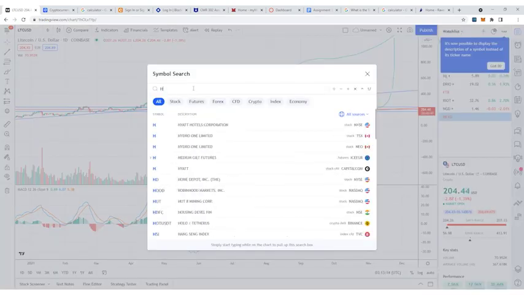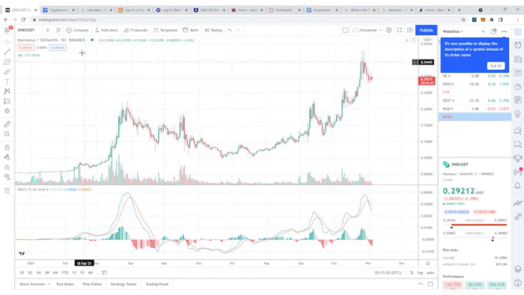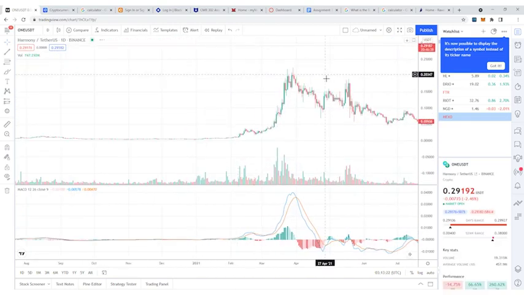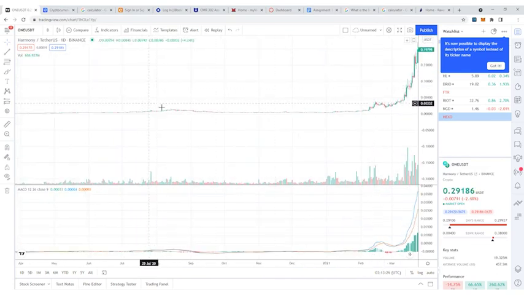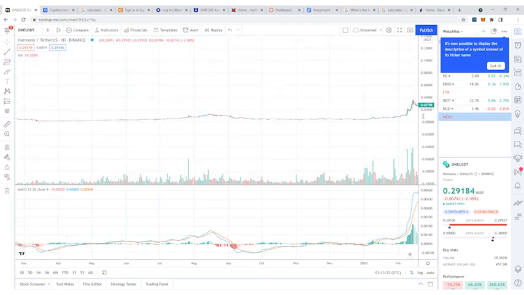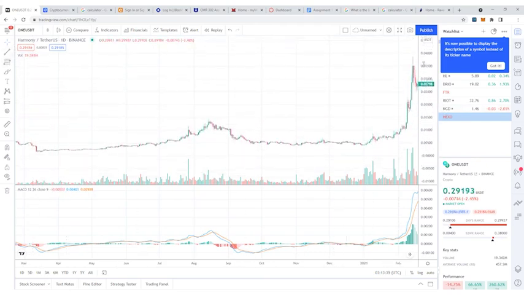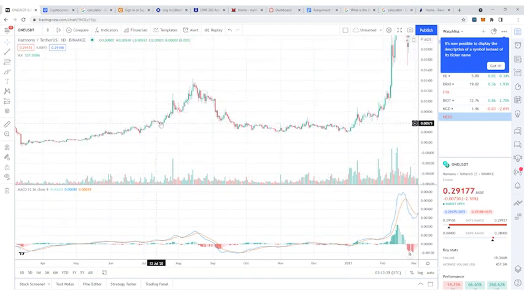Here's one that I traded before it blew up. It was at 0.7 when I first got in, Harmony 1, and it's currently at 30. But it looks very similar to how Litecoin looked before it blew up. Let's zoom in here. So, see this right here?